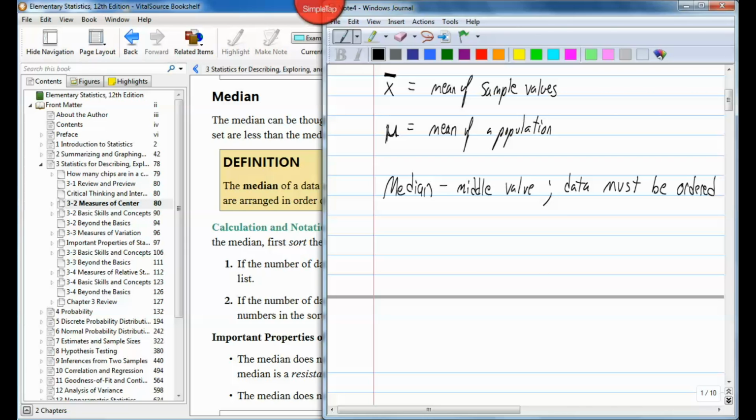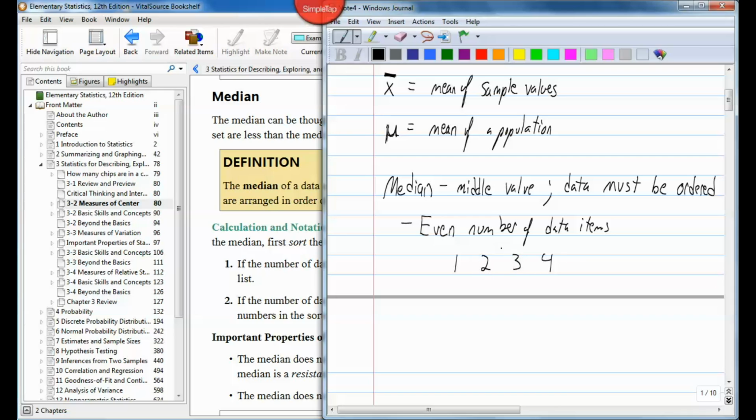Now, if you have an even number of data items, for example, let's say that I had the data set 1, 2, 3, 4. 4 numbers.